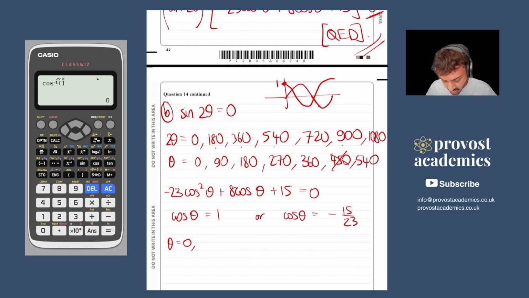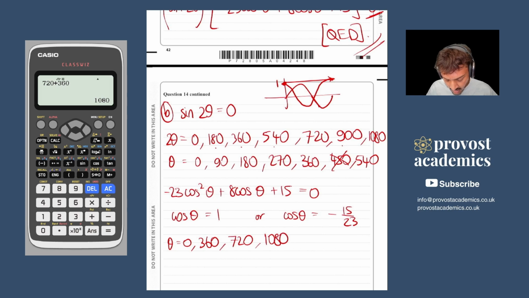The next solution we're looking for is going to be 360, as you can see. Then the one after that is also going to be 360, so that's 720. The one after that was 720 plus 360, exactly 1080.